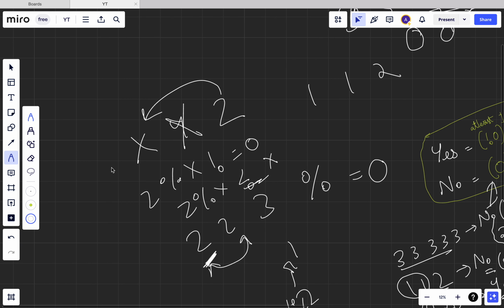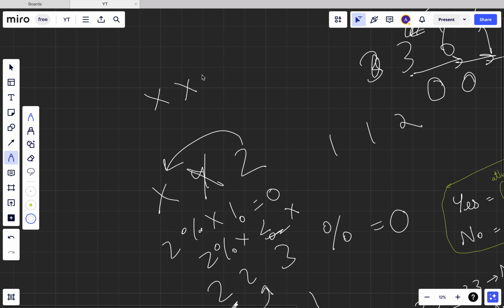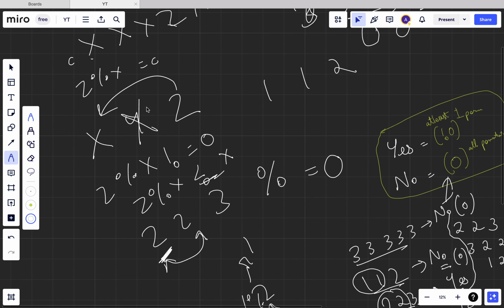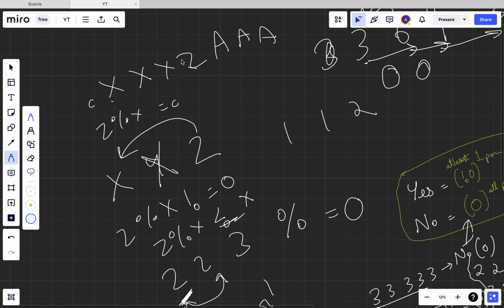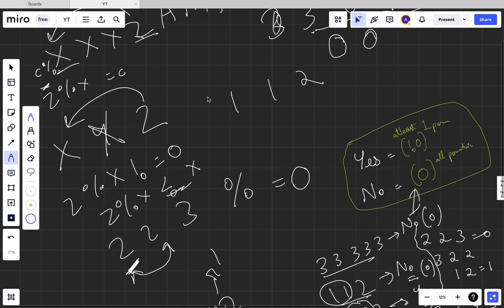So suppose a lot of numbers are there, x, x, x, z, a, something. If z mod x is not equal to 0, let's say z mod x equals c, which will be much smaller, right? So as per our first rule, it will be the non-zero number only. Then I'll use this one to create c, and using c, I just simply mod. c mod x is c, c mod a is c. So the answer will be c only.